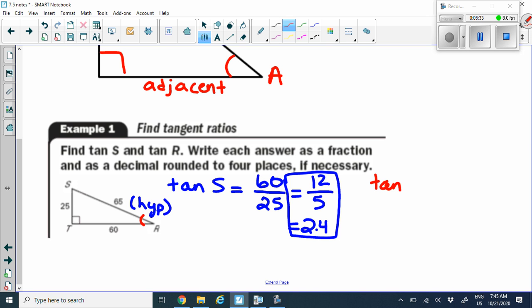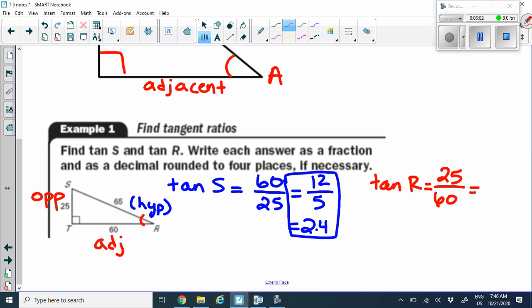So I have tangent of R. We need to figure out what is the opposite side or opposite leg. Remember, that's across from our angle R. That's going to be 25. And then the adjacent leg is going to be our 60. So this is opposite, and for our 60, because that's right next to your angle R, that's going to be our adjacent. So always, always, always label your triangle. It helps.